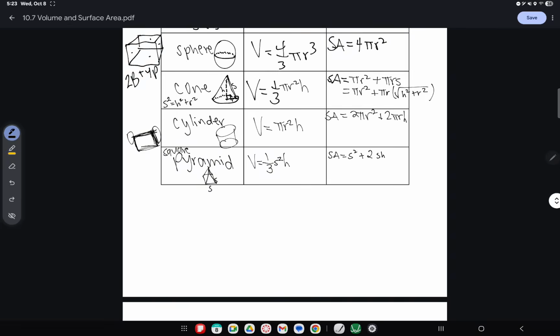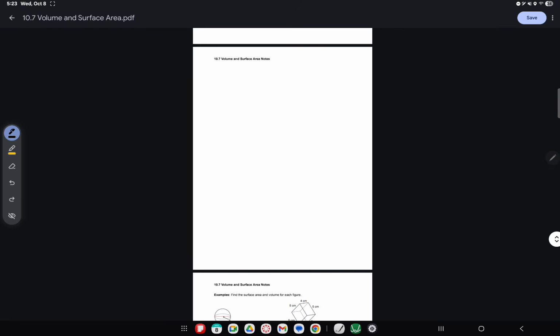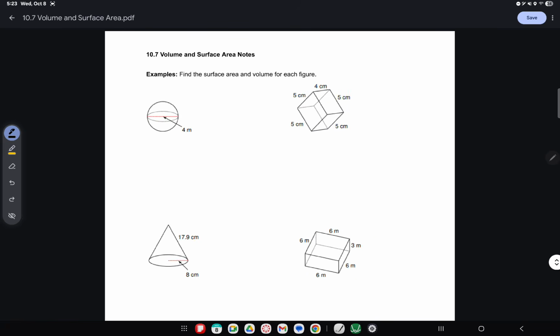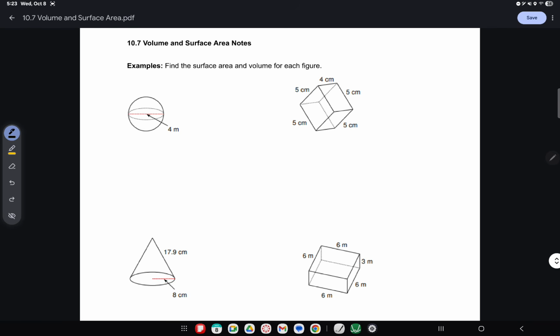Let's actually look at some examples with all of these. So you're going to find the volume and surface area for each of these figures. So for a sphere, do volume here and surface area here. Don't know if I left enough space.